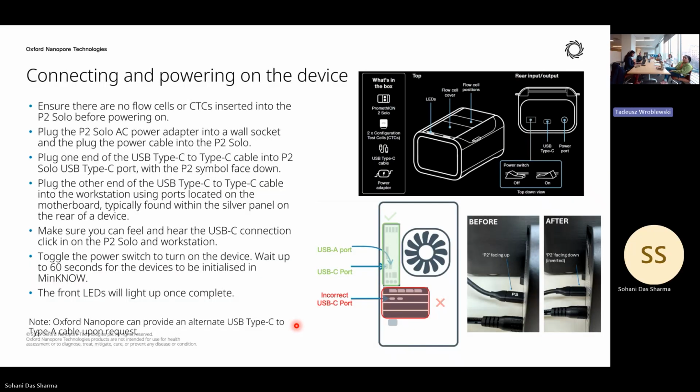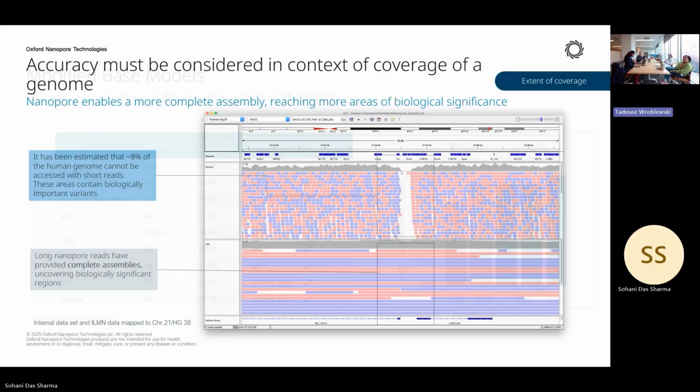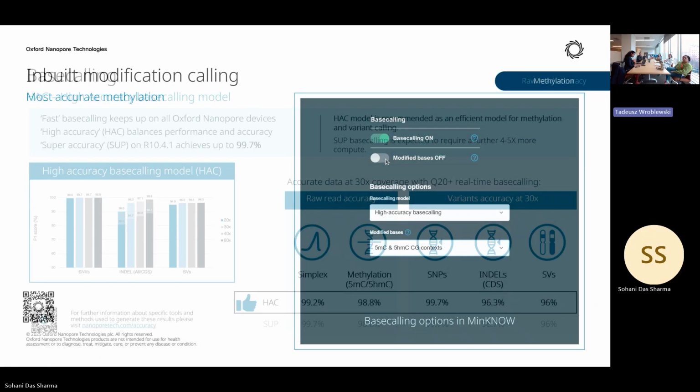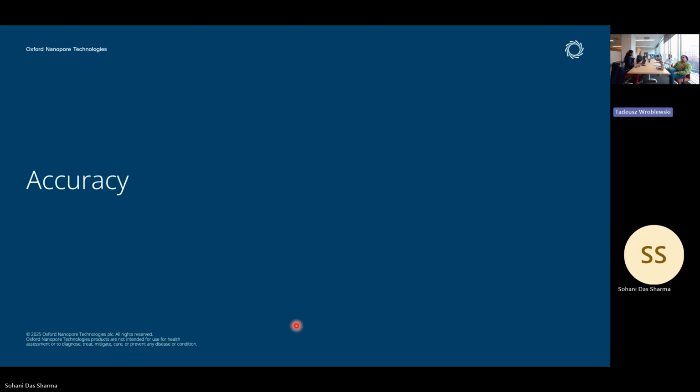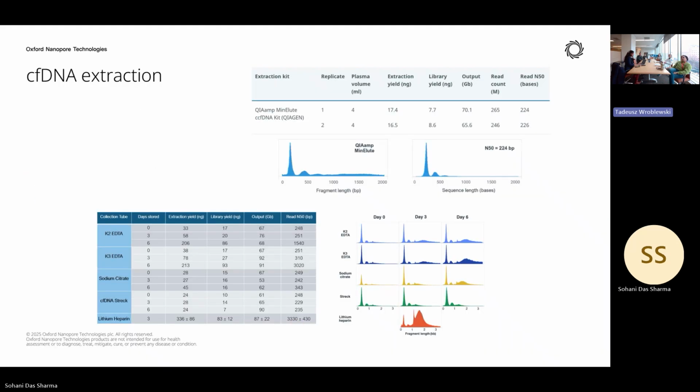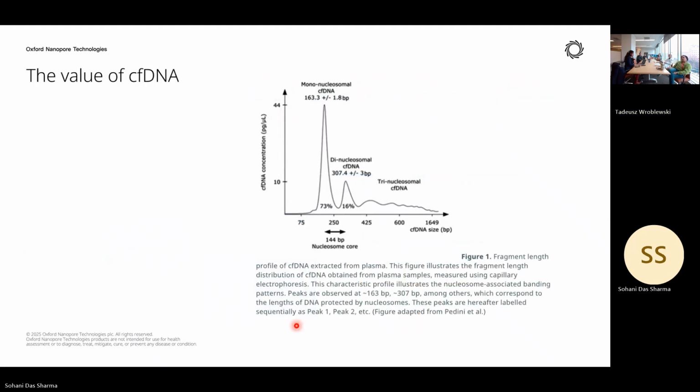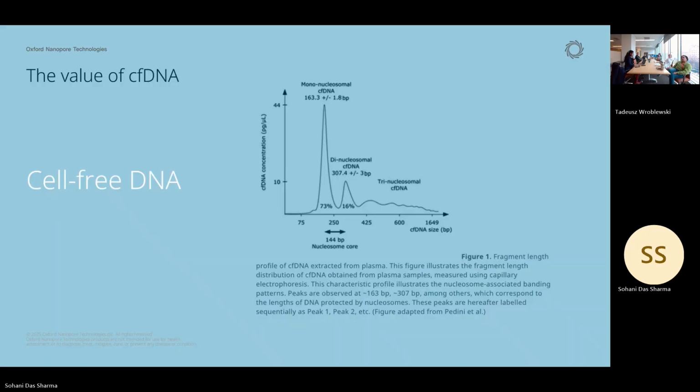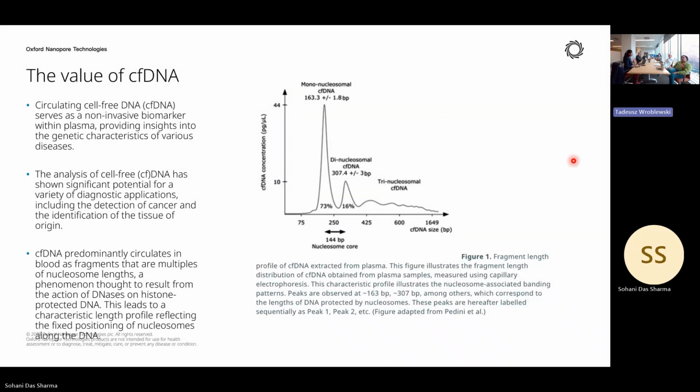Okay, another thing quickly, because we are dealing with cfDNA. As I mentioned, all of our benchmarking data and documentation for cfDNA, at least till today, is based on plasma-extracted cfDNA, not CSF-based cfDNA.